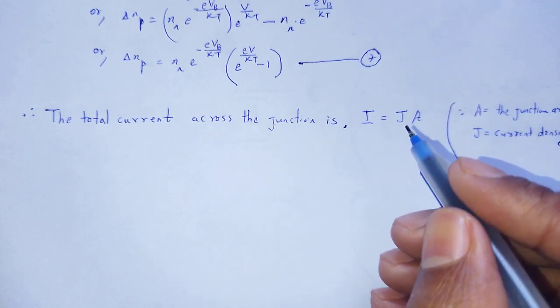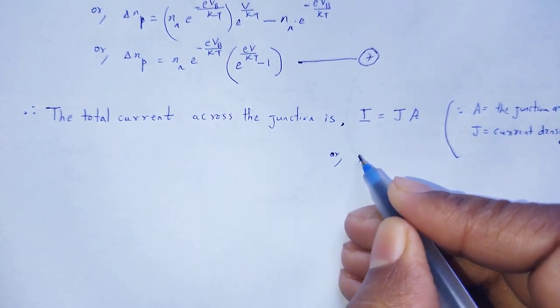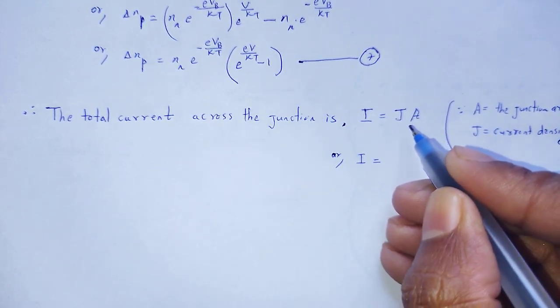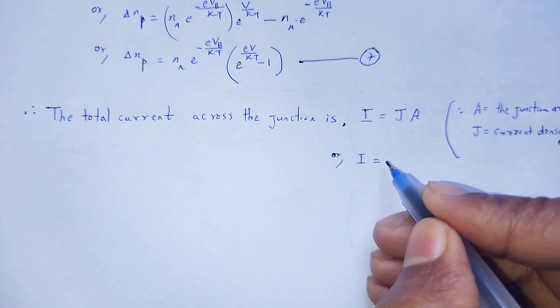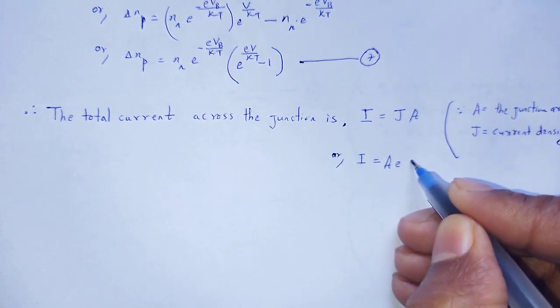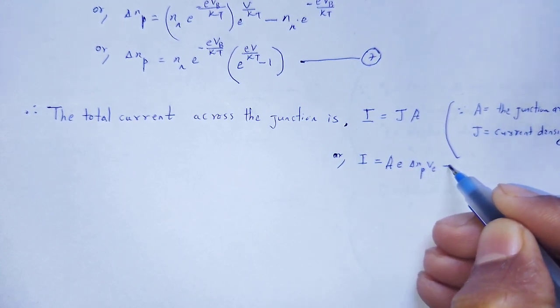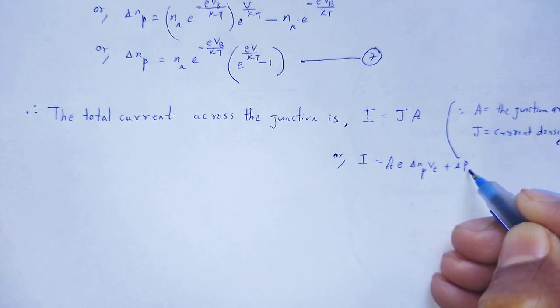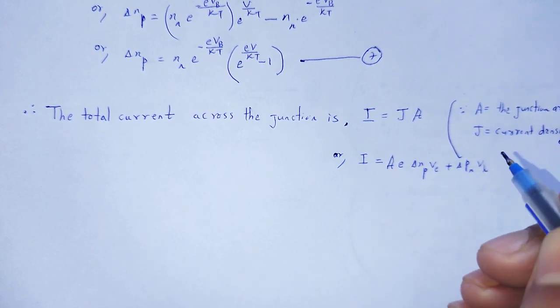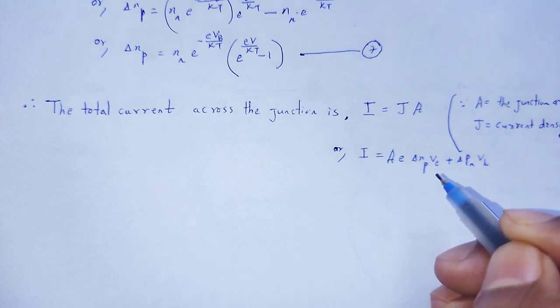Let us apply the expression for current density, so I is equal to A times the expression for current density, E del Np VE plus del Pn VH, that we have already known in the case of conductivity and mobility of semiconductors.